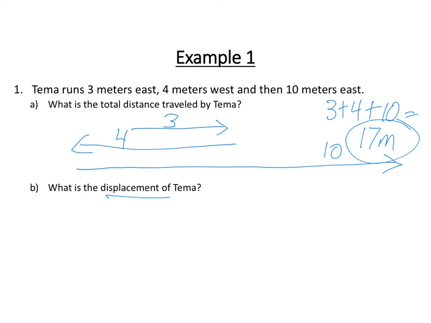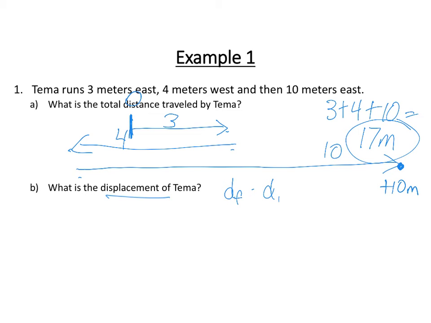Now, displacement is going to be your final position minus your initial position. If we say that our starting point right here is 0, and then we went this way, then we went back this way, then we went all the way over here, it looks like we ended at positive 10 meters.